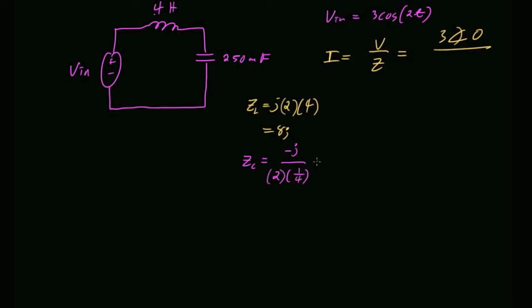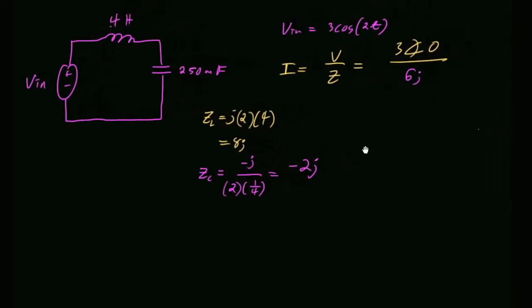So what's that? Minus 2j. If they're in series, you add them, so you get 6j. And in phasor notation, what's 6j? 6 angle pi over 2. So what does that leave me with? A half angle minus 90. So what's my current? 1/2 cosine of 2t minus 90.